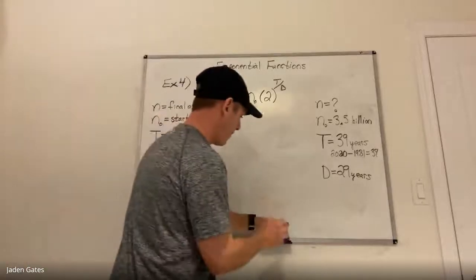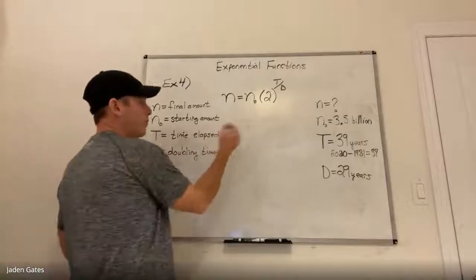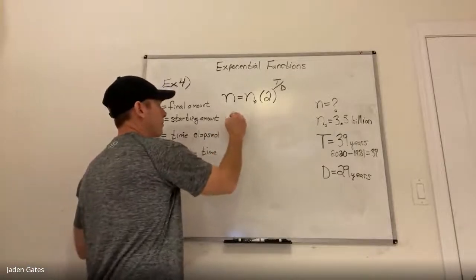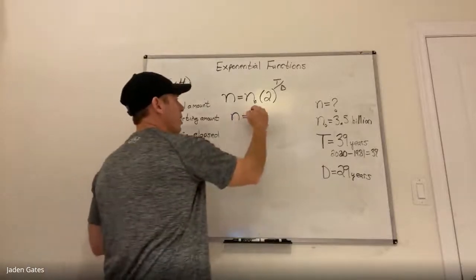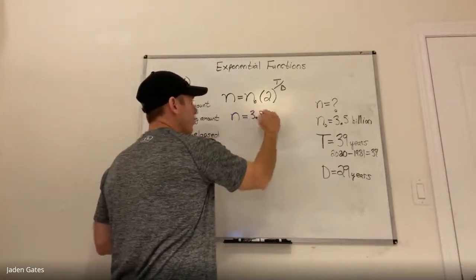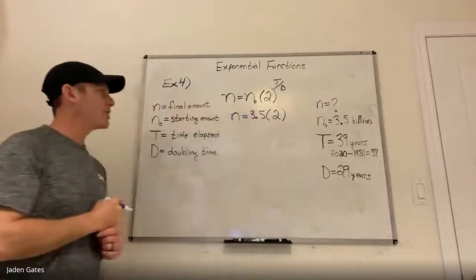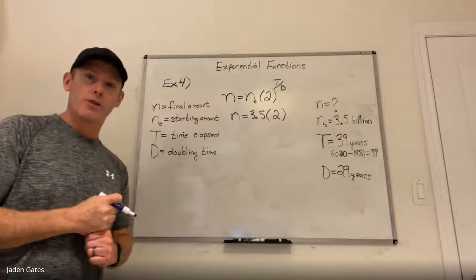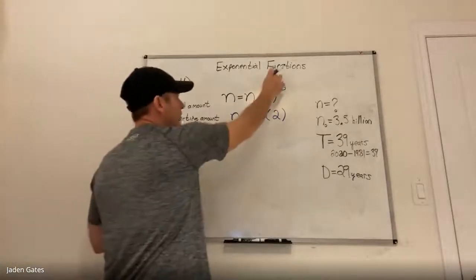Now, it is time to substitute in to see how many people we should have in 2020. So we got N equals N naught. Our final number is going to be in billions. So I'm going to put a 3.5. All right. Once again, our doubling time is 2. That's our multiplying factor because you're multiplying by 2. And then we have t divided by d.